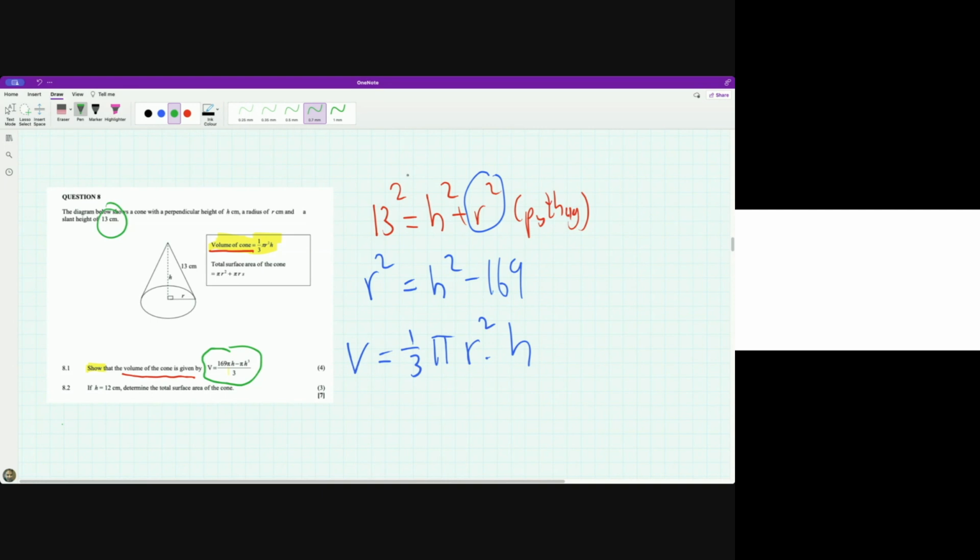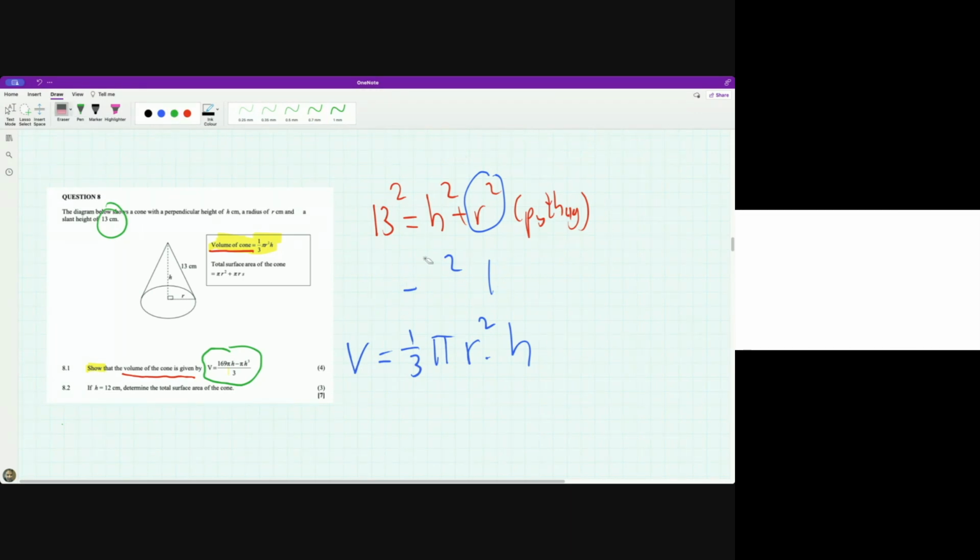The question is, shouldn't it be just h? No, it's h squared. It's almost like 13 squared minus h squared is r squared. So it's like r squared is 169 minus h squared. Ooh, did I make a mistake? Hold on. Let me just do this bit again. Sorry, guys. I just realized I might have made a little mistake.